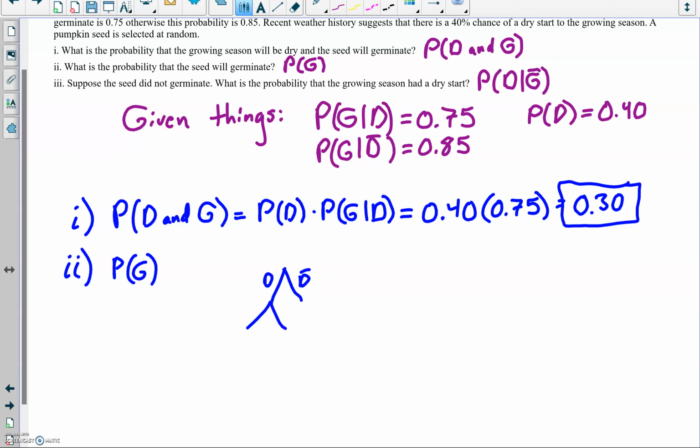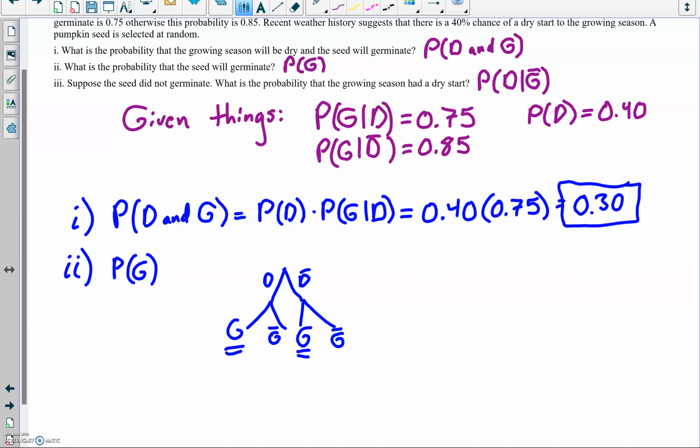If it's dry, it's either going to germinate or not germinate. And if it's not dry, it's either going to germinate or not germinate. There we go. What I'm looking for for the germination is actually these two branches.